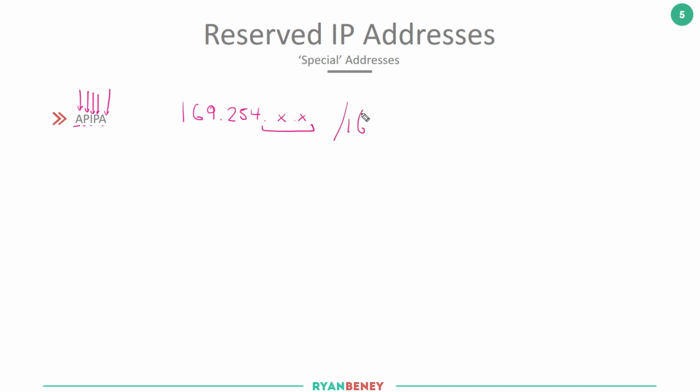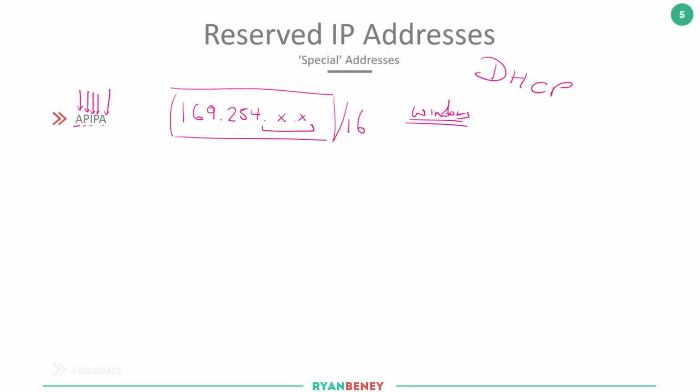So it's a /16. This APIPA is normally only seen on Windows devices, but I have seen it on other operating systems. It's an IP address you would normally see when a device tries to obtain an IP address through the Dynamic Host Configuration Protocol, DHCP, and if it fails, it normally assigns itself an IP address in the 169.254 range.